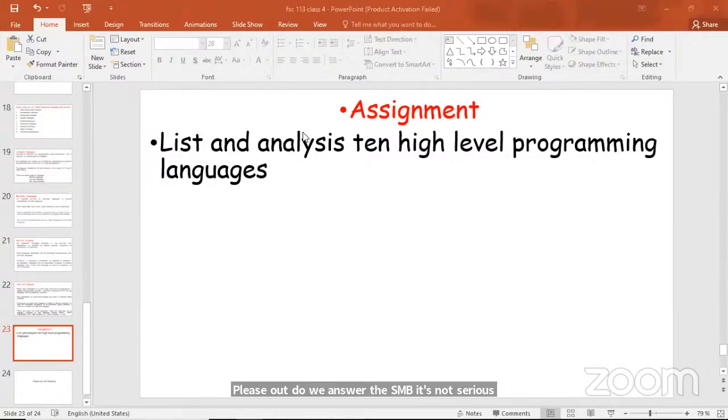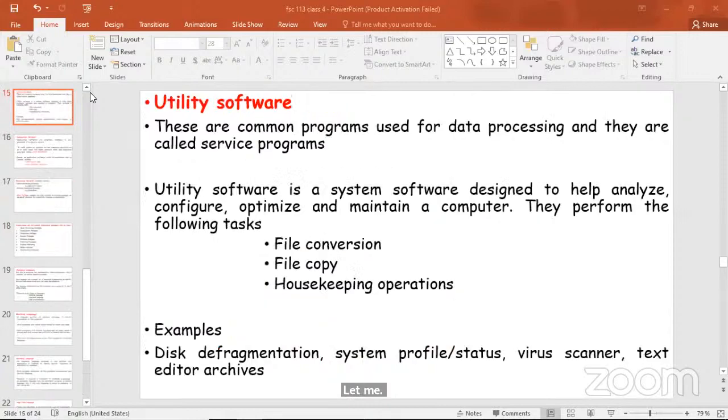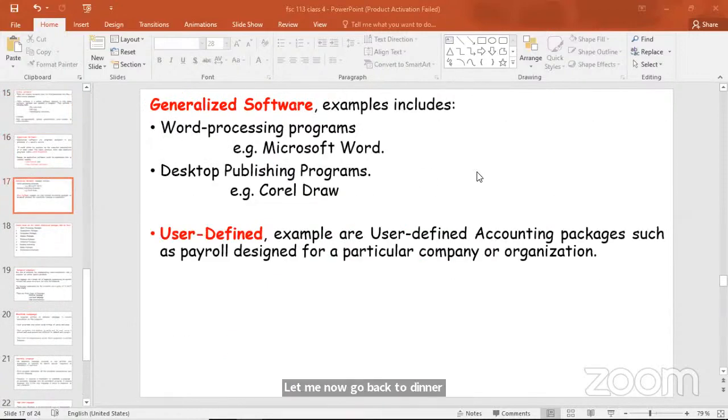All right. So I think let me now go back to generalized. So I'm here now, generalized. So when we say generalized software, application software, and we have user-defined application software. Now, generalized software are those that can be used by several people to do a particular function.